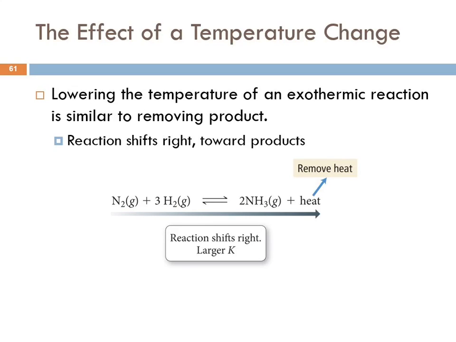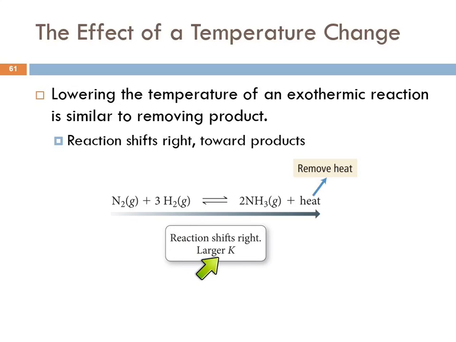If we lower the temperature of an exothermic reaction, that's like removing a product. It will shift to the right, trying to replace it. So it's a very shifty discussion. And that's going to make K larger, because this will increase, and these will decrease.